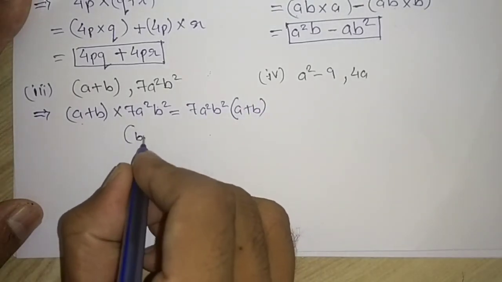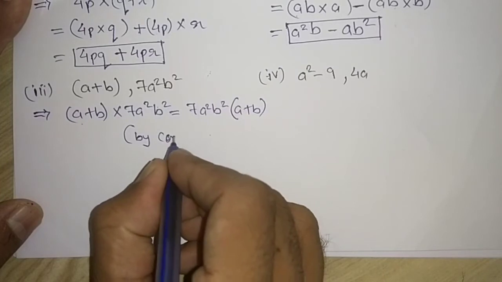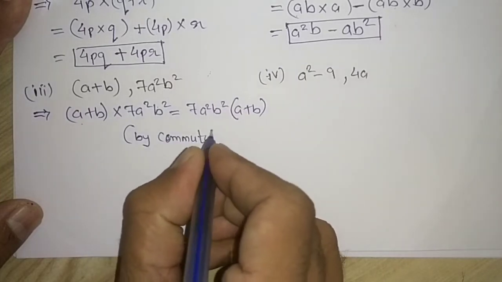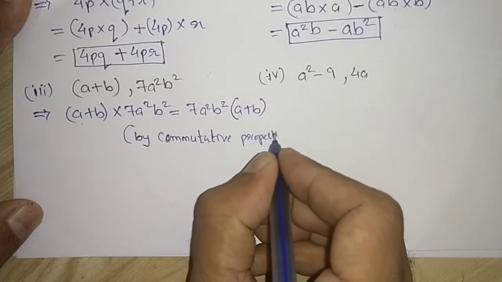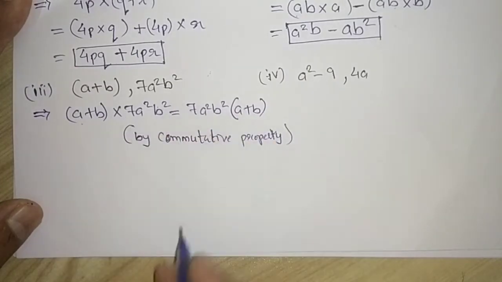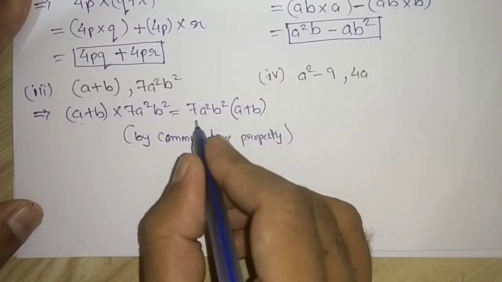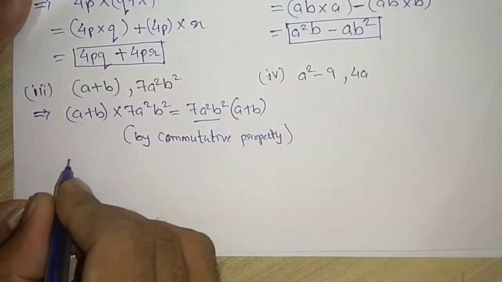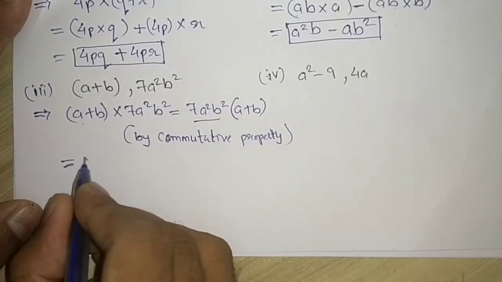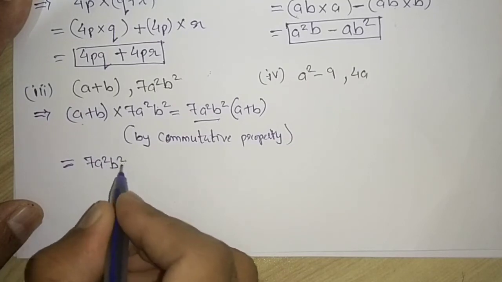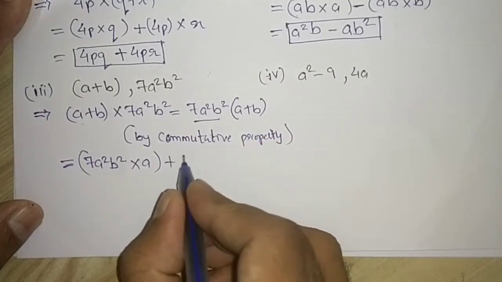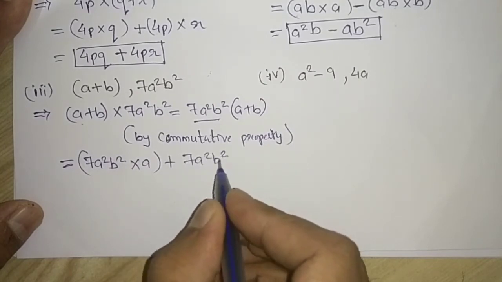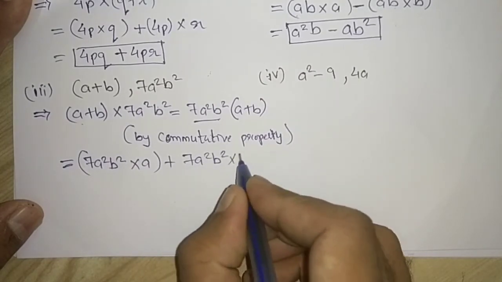By the commutative property. I have used the commutative property here. We can interchange. Now it became monomial into binomial. Continue with your process: 7a square b square multiplied by a, plus 7a square b square multiplied by b.